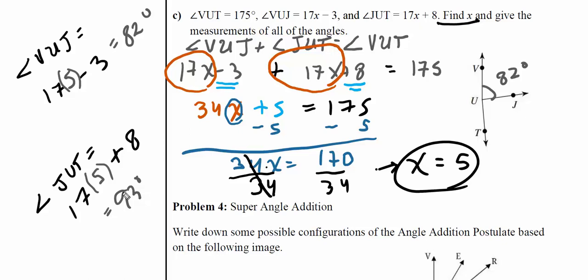So we find that angle JUT is 93 degrees, which makes sense. It's obtuse, right? It's a little bigger than 90 degrees. Great. Now, you can always check to see if you're completely correct, because this plus this, according to your angle addition postulate, should be equal to 175 degrees. That's not part of the problem, but you can always check to see if what you have makes sense.